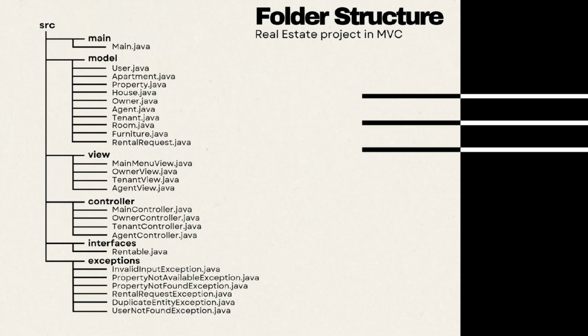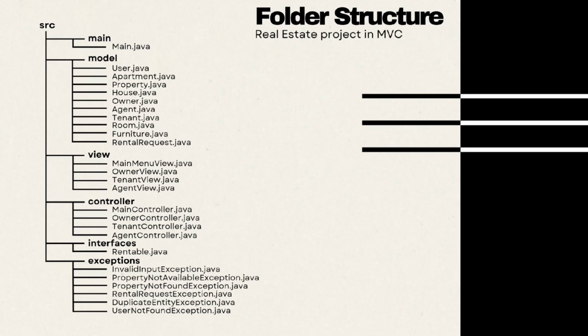The model classes in our project include user, apartment, property, house, owner, agent, tenant, room, furniture, and rental request. These classes store the information required by the system. For example, the property class stores property-related information, while the rental request class stores rental application details.